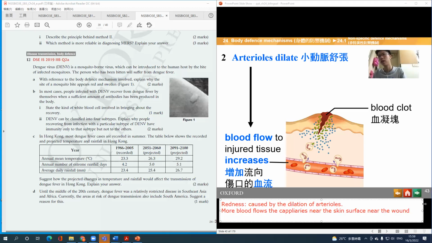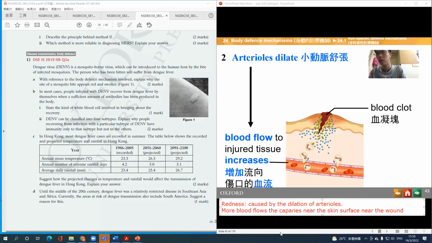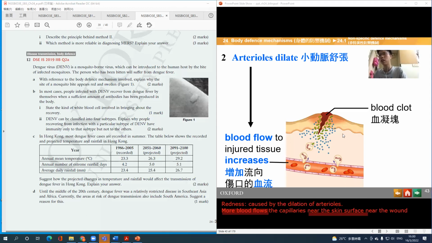You want to supply more blood to that part, so capillaries will have more blood flow. More blood flow to the capillaries near the skin surface. So greater blood flow, I draw a big arrow there. And then your skin will look a bit more red in that part.